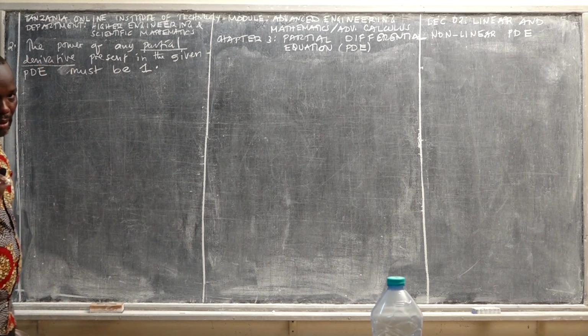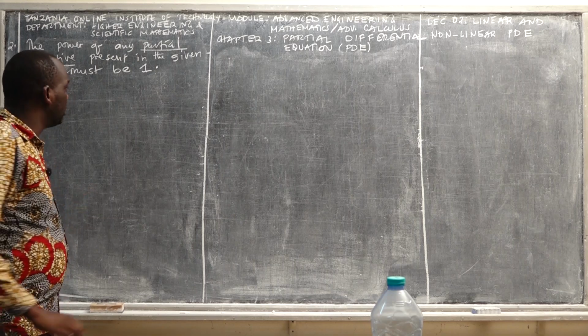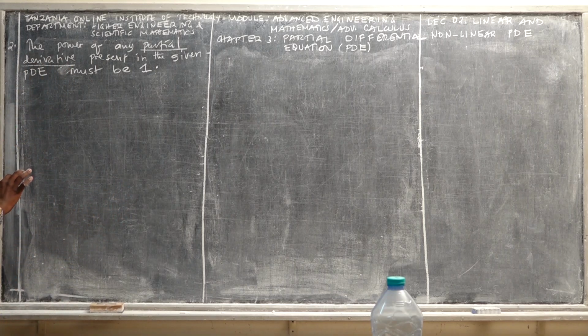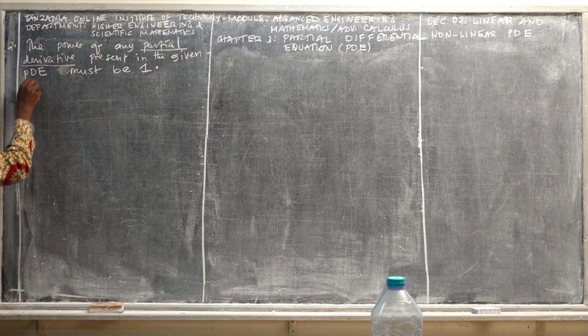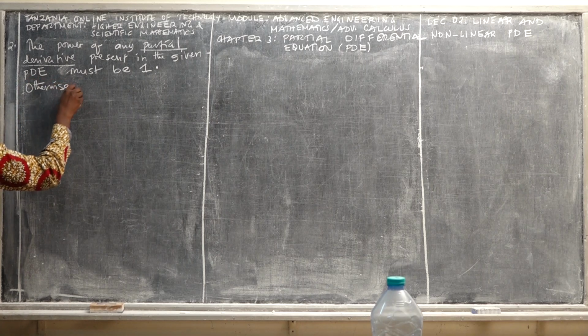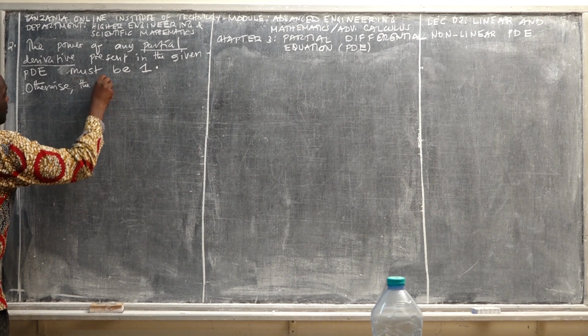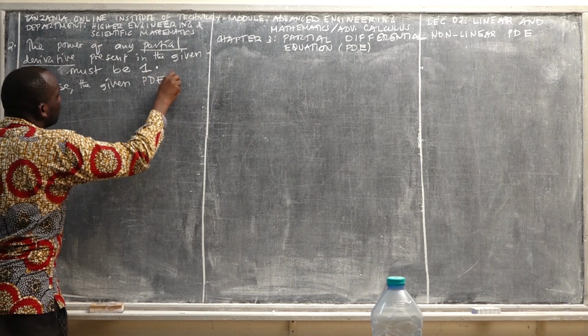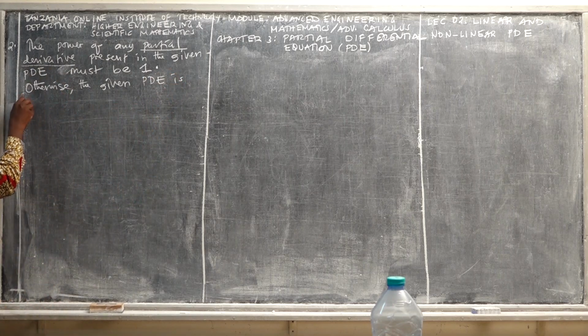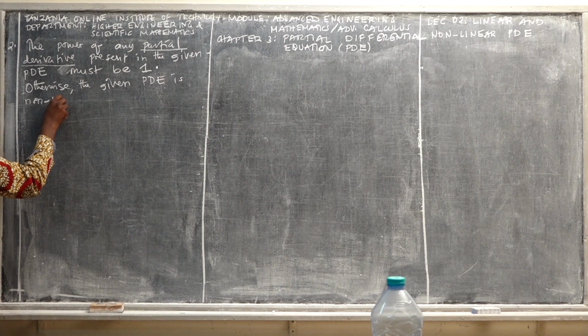We are not talking anymore about the dependent variable for this condition. It talks about partial derivatives in the given partial differential equation, which must be 1. Otherwise, if this condition is not obeyed, the given partial differential equation is non-linear.